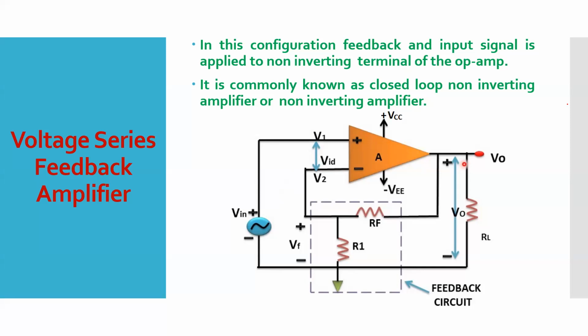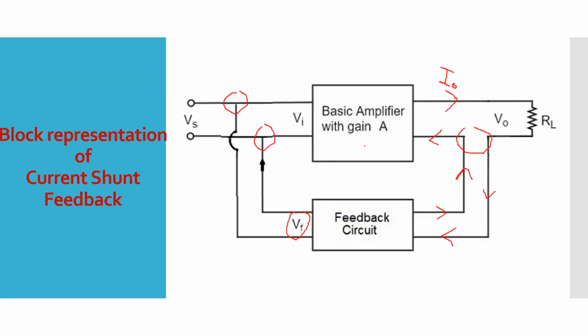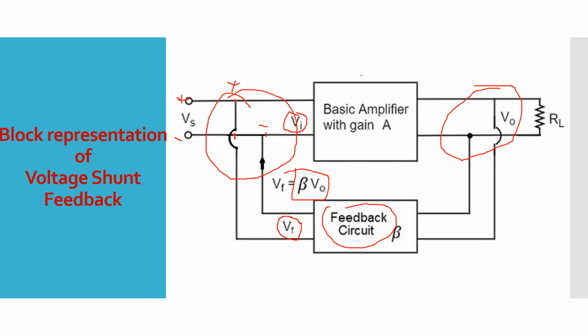Now, in the previous block diagram, you have already seen that there were 2 blocks. One block was an amplifier block, and another block was a feedback block. Do you remember that? Let me show you if you don't remember. Look at here. There is one block for a basic amplifier with some gain A, right?